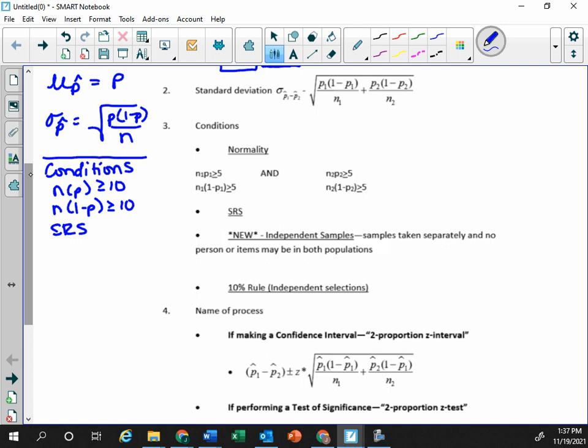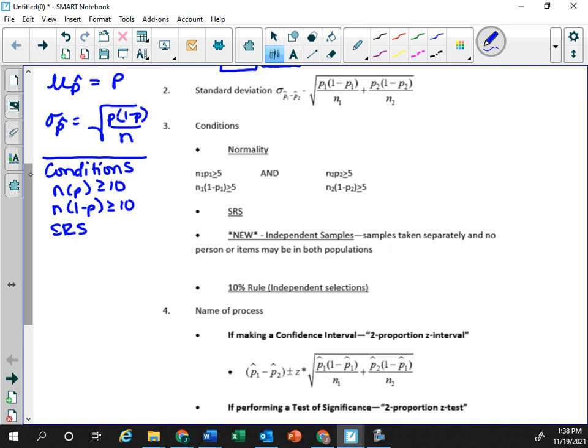All right, then one that is new that we're going to start checking this unit as well is independent samples. We want to make sure that our samples are taken so that you couldn't possibly end up in both samples, okay? So totally different groups that we're sampling from. So your populations must be separate.